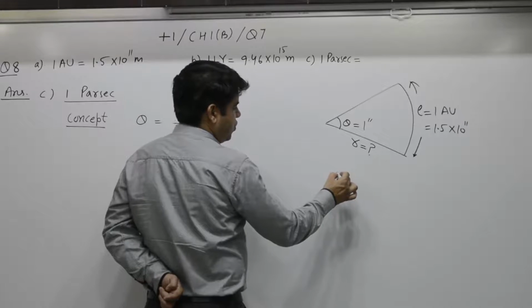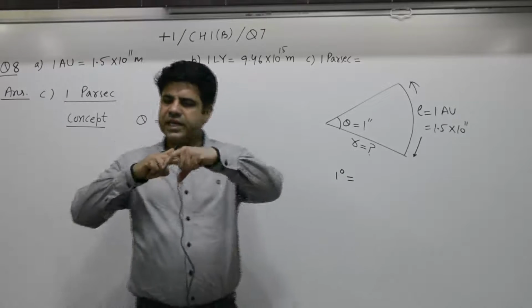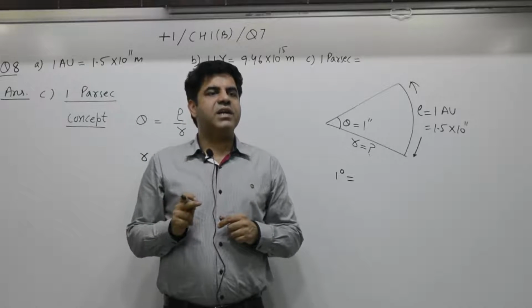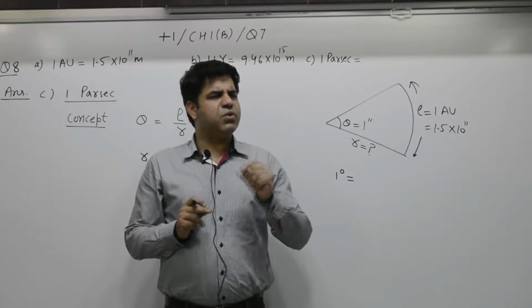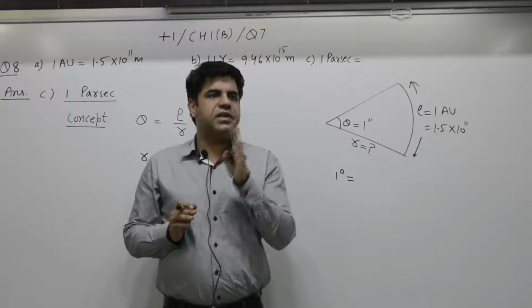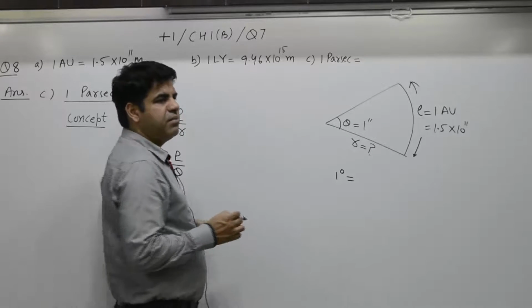All of you know 1 degree. All of you have seen the degree symbol. How many degrees are there in a semicircle? 180 degrees. 1 degree is a very, very small angle. 1 degree is further divided into 60 parts. That is what we call 1 minute.